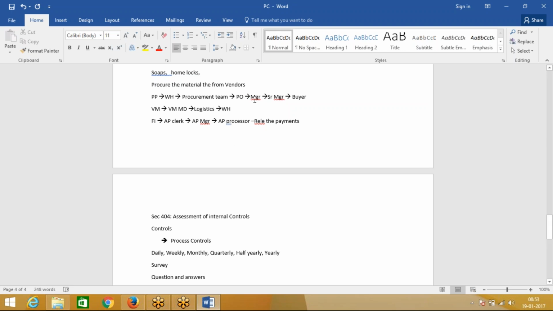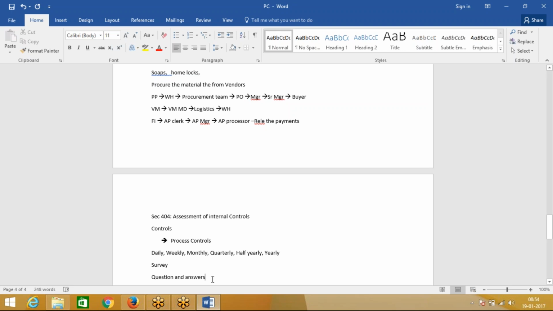For example, if I assign this process control to this head, he will check whether the two levels of approvals are happening. If not, then it is a process deficiency, meaning we are not following the process. Then we have to prepare a remediation plan, and the department head will fix the problem by correcting the issue.